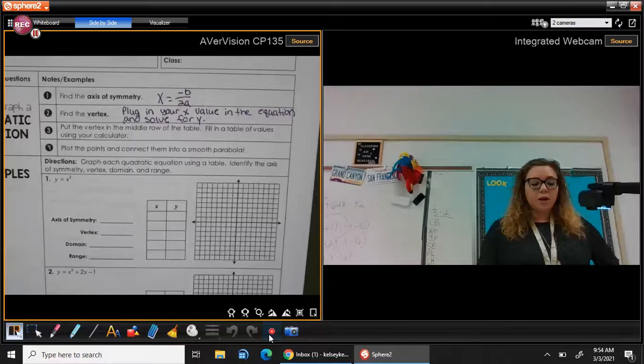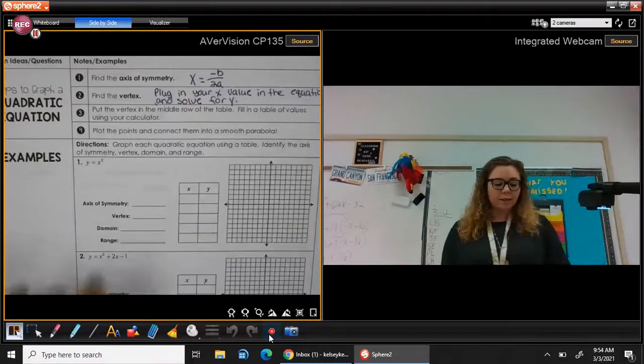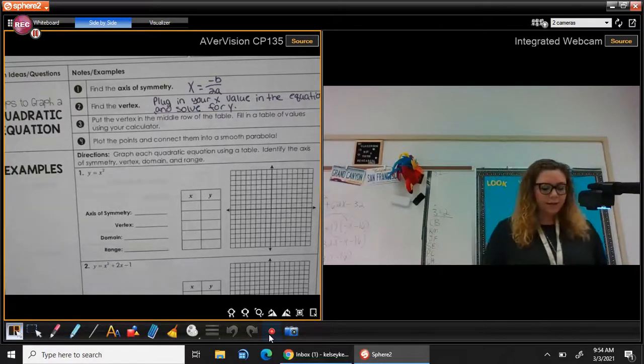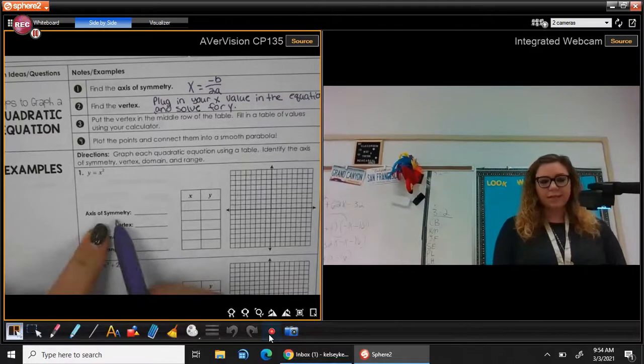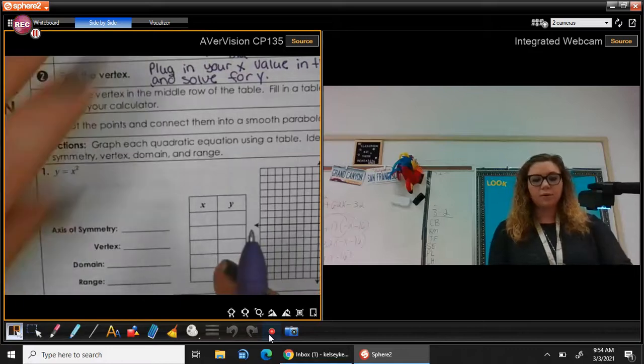So step number one. We've already done one like this, but these keywords are kind of new, so we're going to do this one even though we've already done it. The first thing we need to do is find the axis of symmetry. That's always going to be step one.